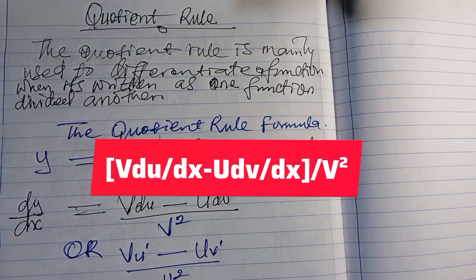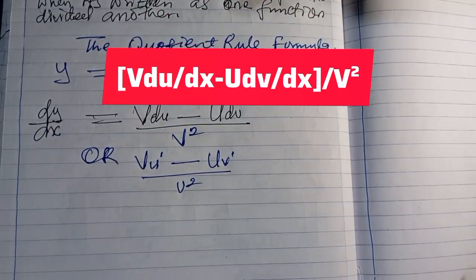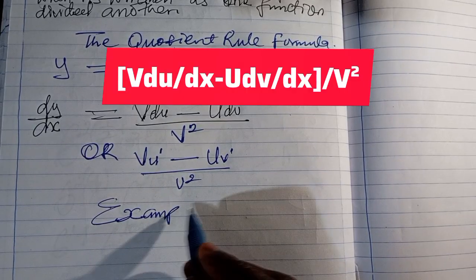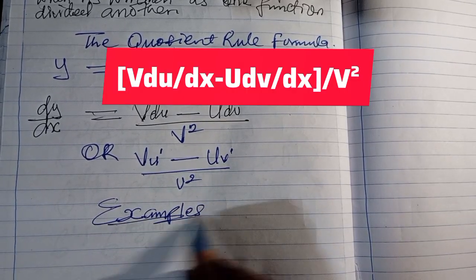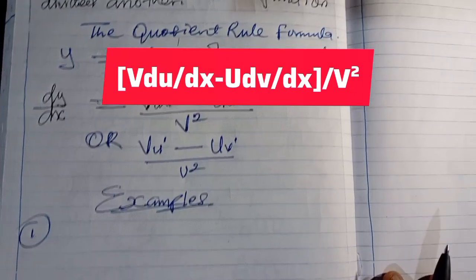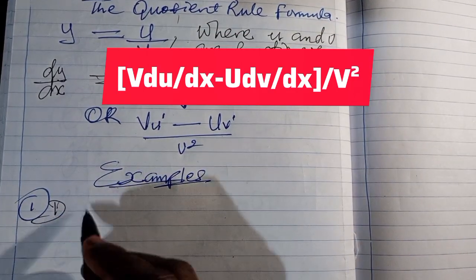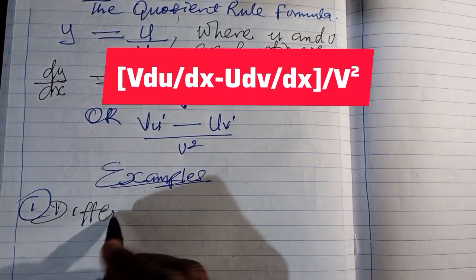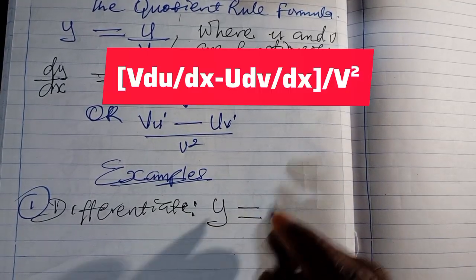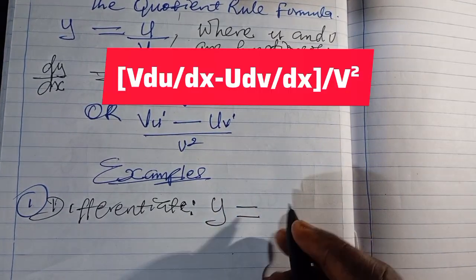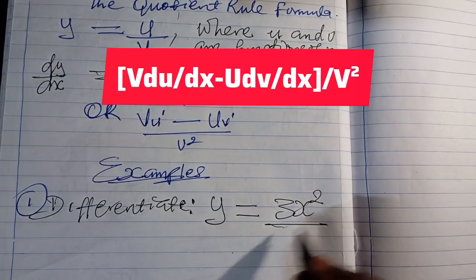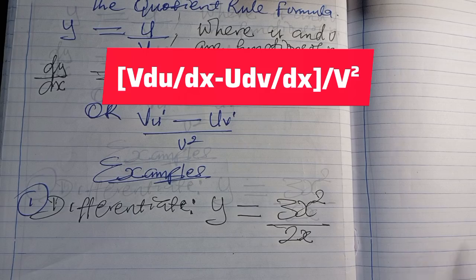So be very careful in the application of this formula. All right, let's solve examples. Number one: differentiate y equals 3x raised to power 2 divided by 2x. Solution.